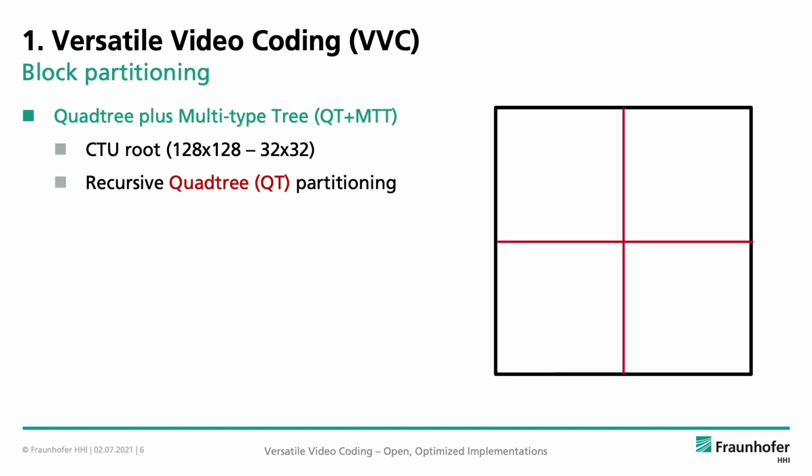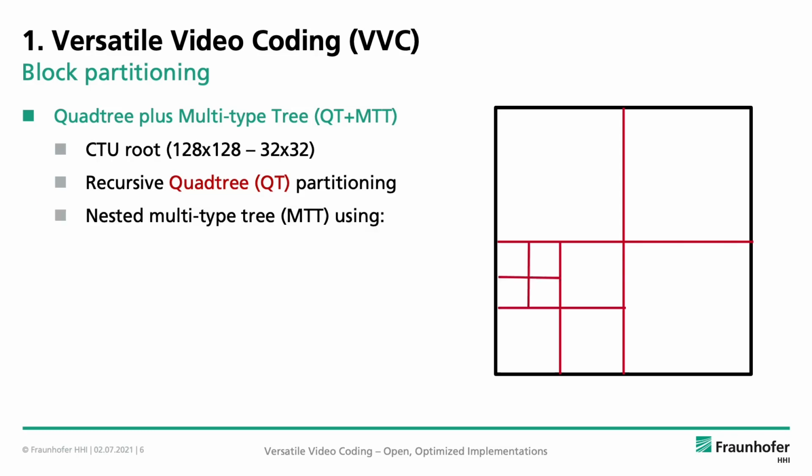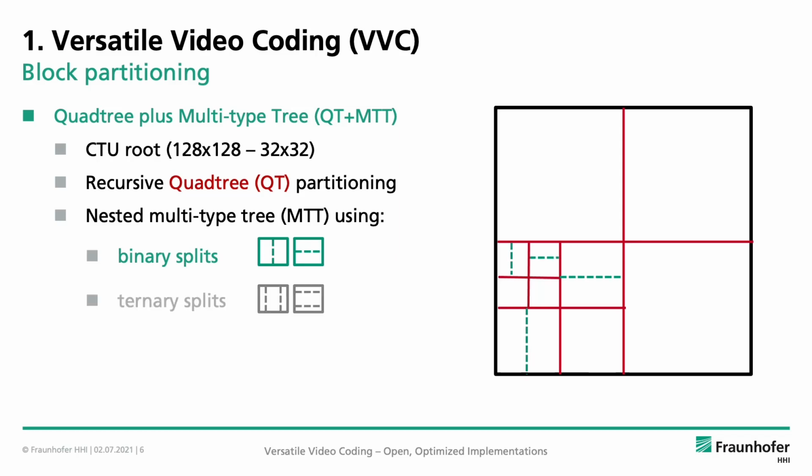Then there comes the recursive quad tree partitioning, or QT, as in HEVC, and nested in the quad tree leaves is a multi-type tree using binary splits, horizontal or vertical, or splitting it into 3 partitions using horizontal or vertical ternary splits, as seen here in the example.